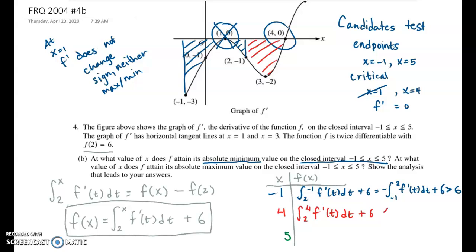So I know that this value would be less than 6. I also know that this is a minimum, because there's a change in sign on f prime. At x equals 4, f prime changes from negative to positive. So f of 4 is a minimum.